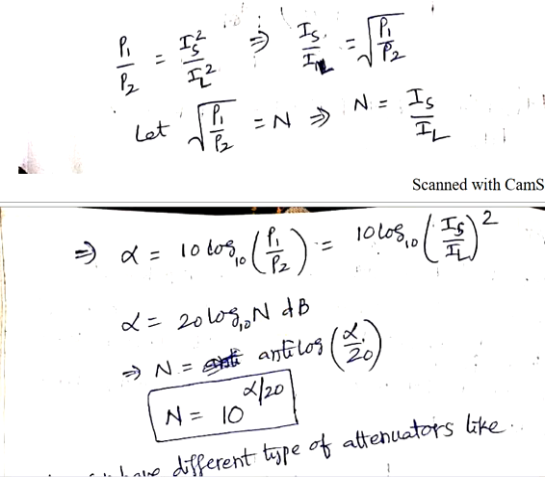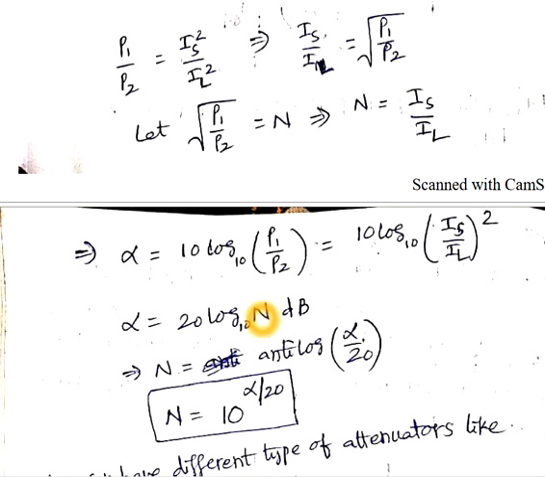When you write N towards the left hand side, it becomes N is equal to antilog of alpha by 20. Otherwise, capital N will be equal to 10 to the power alpha by 20, because this alpha by 20 will come here and log to the base 10 N will be on the right side.